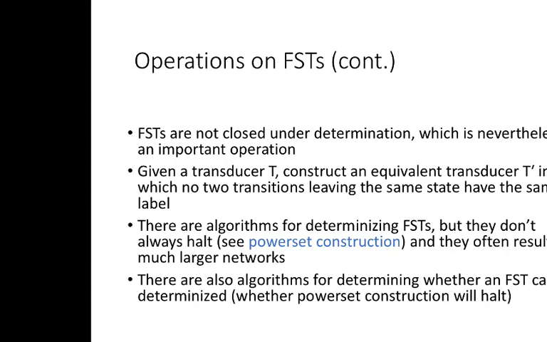In a lot of cases, you can take such transducers and determinize them. Not true in all cases. There are algorithms that tell you whether a finite state transducer is determinizable or not. But because of the power set construction problem, you can't do it for all FSTs.